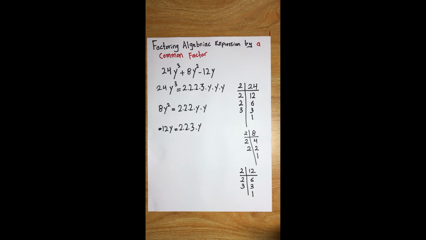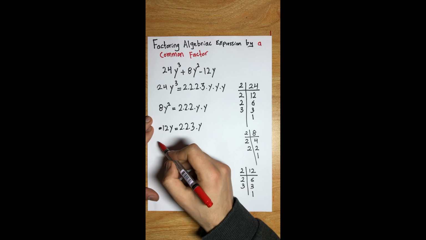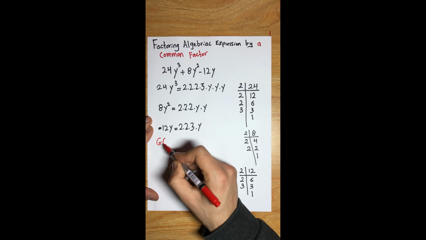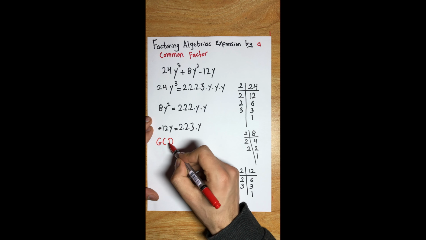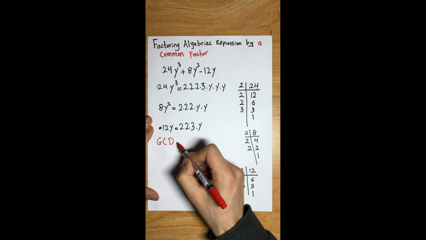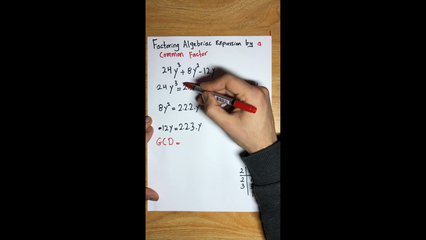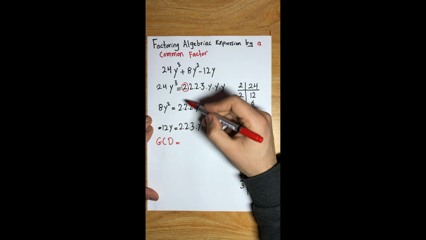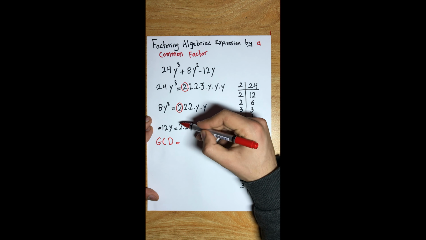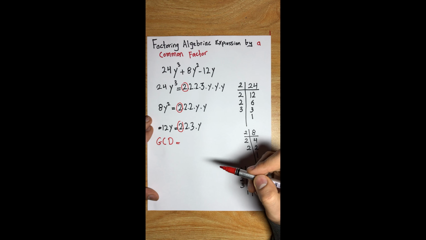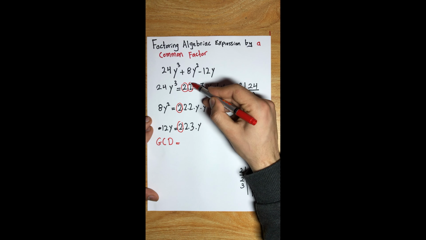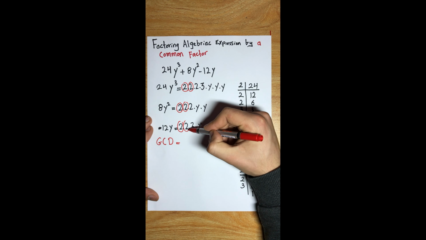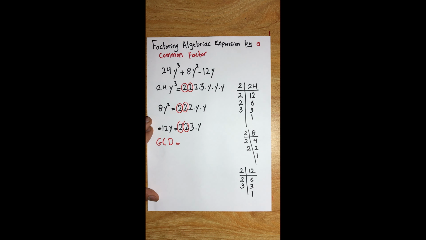Okay, now the greatest common divisor, or the common factor, is equal to this 2, which is repeated in the 3 terms, and also the second 2 is repeated in the 3 terms.